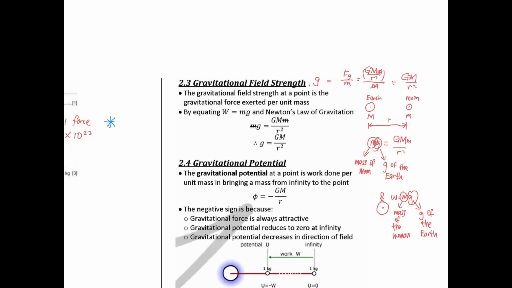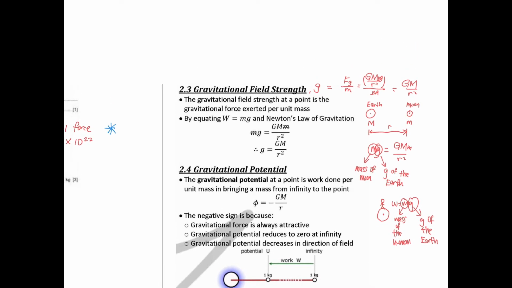So okay, I put it this way. g equal to Fg divided by capital M, then you get GMm over r squared over M. Then you cut the capital M away, and you get Gm over r squared. This is the g of the Moon. And this is the g of the Earth.